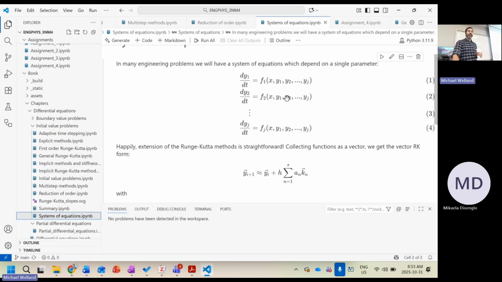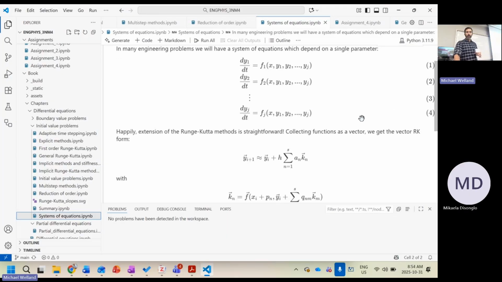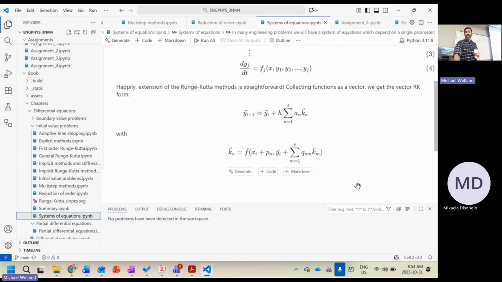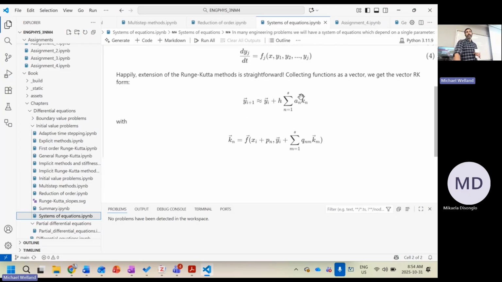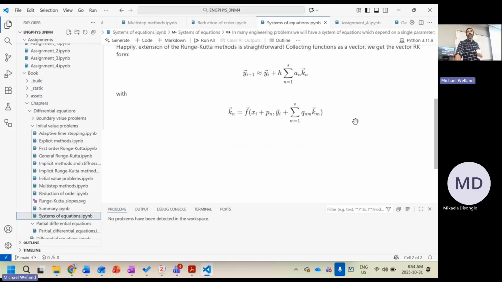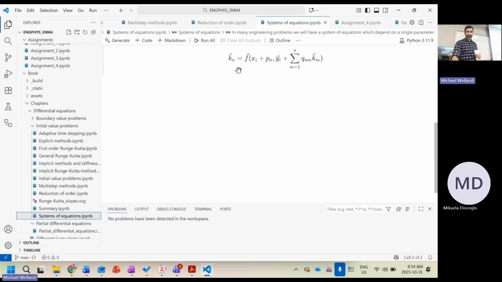Notice that you can have on your right-hand side mixed derivatives. You can have temperature depending on concentration depending on temperature. And nothing really changes. You just slap your vector notation onto your solution. Everything works exactly the same way, including BDF. No problem whatsoever. That's the good news.